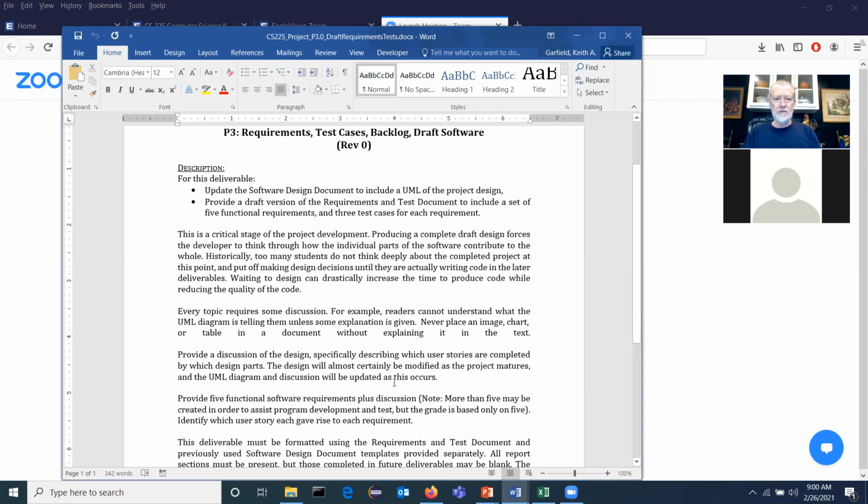You deliver two things. One is submit your software design development document again, but this time it's got the UML inside of it. And we talked about how to produce that over the week. We'll talk a little bit more about that today. And then your first version of the requirements and test document. So you're going to have a set of requirements, a set of tests, and explanatory text ahead of that.